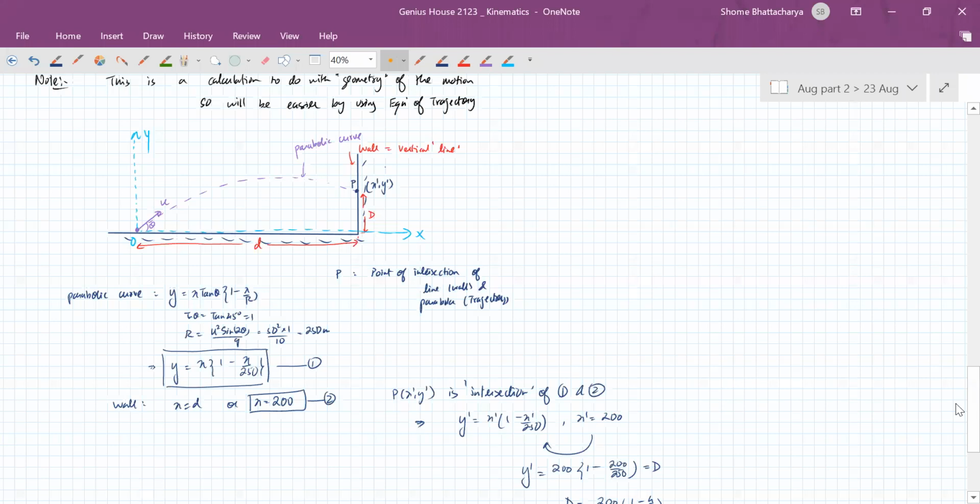Just continue the parabola as if the wall is not there, and then fold the part which is beyond the wall like a mirror image on this side of the wall. Yes, sir, I got it. Right? But that is something we will look at in detail in the collisions chapter. And not only that, we'll also see what can happen if the collision is not perfectly elastic. Because then the rebound will not be like a perfect mirror image. There will be some loss of kinetic energy. So it will not come back the same distance of 50 meters. It will come back a lesser distance. Yes, sir.